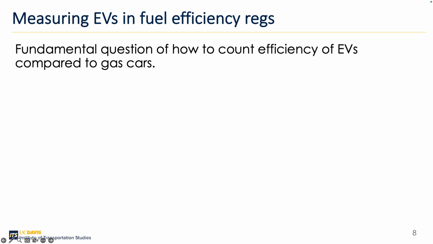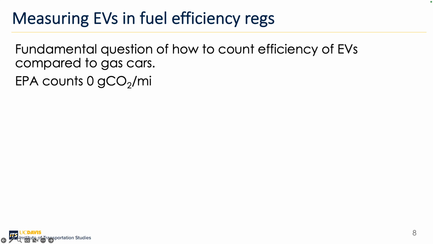We're going to talk about this later on in this course, but there are essentially two regulations when it comes to efficiency. One is by the EPA, and they are responsible for measuring emissions coming out of all vehicles, and that number is directly equivalent to MPG.